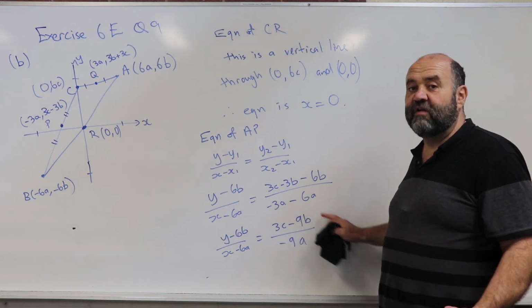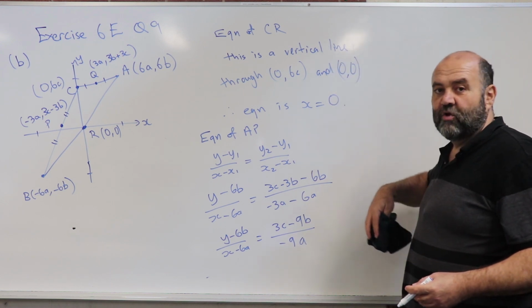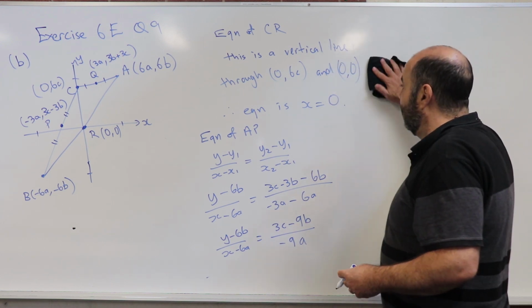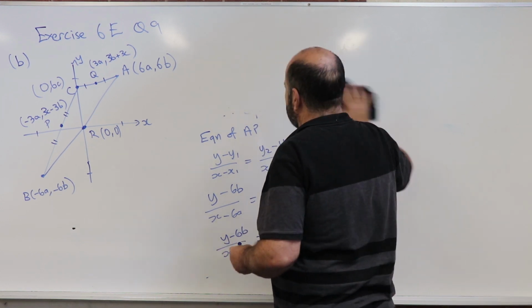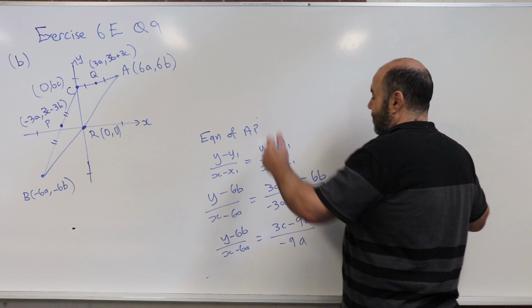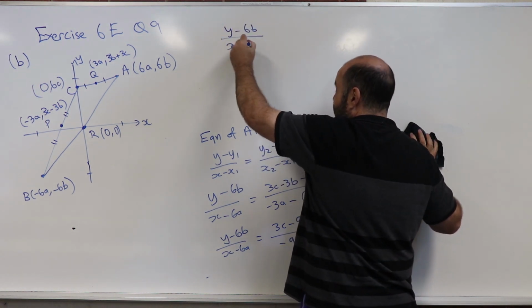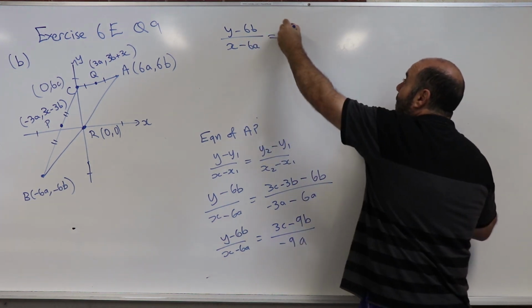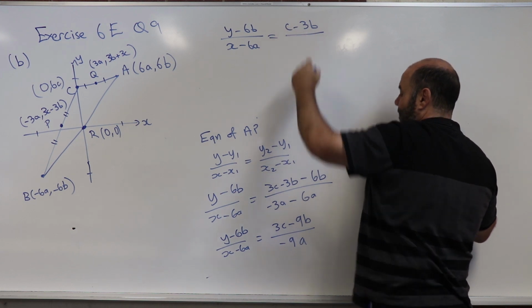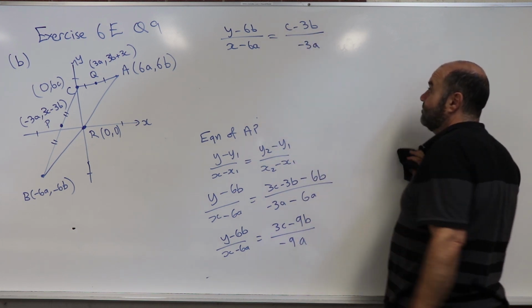So let's divide everything in this fraction by 3. I'm just going to clean the top of my board so I can keep on working up there. So I've got y minus 6b over x minus 6a is c minus 3b over negative 3a.